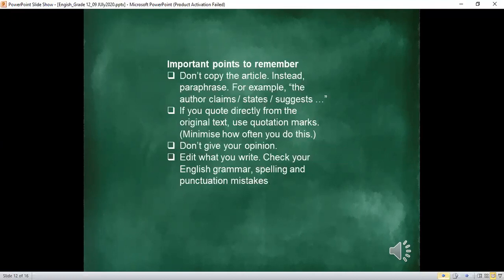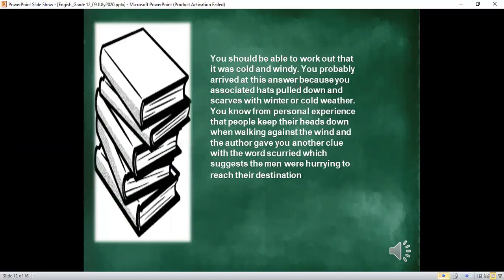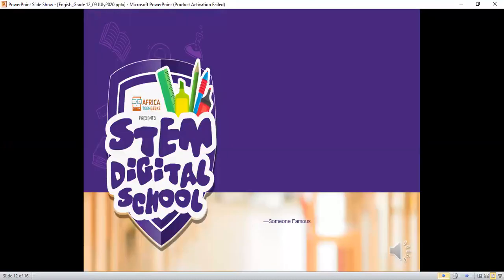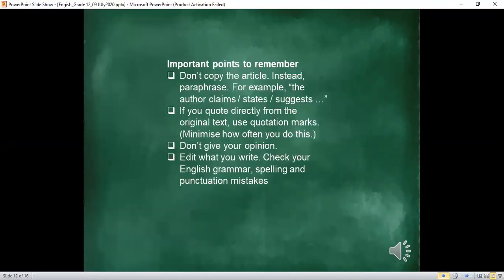But now if you quote directly, obviously remember to use the correct punctuation. If you quote, use quotation marks. But I really advise against this because it adds to the number of words if you keep on quoting. Quoting adds to the number of words.